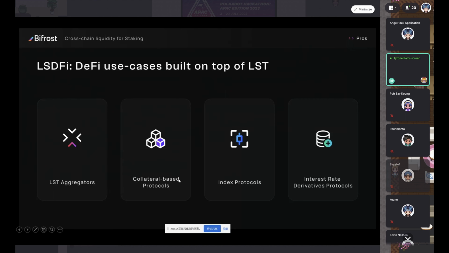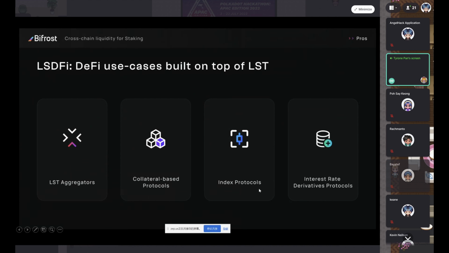So collateral-based protocols like lending and borrowing, and index protocols. If you ever played with Pendle or something like, what's the name, LSDX, or these new LST products, they are making a basket of different liquid staking tokens and packaging them into an index.